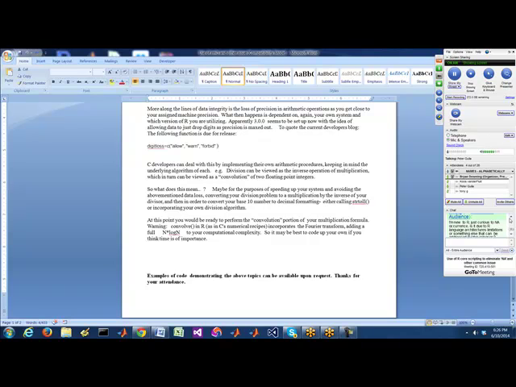You're basically in charge of your own multiplication at that point, and your own division using inverse multiplication, and then doing the multiplication on that data set, or on those input values.